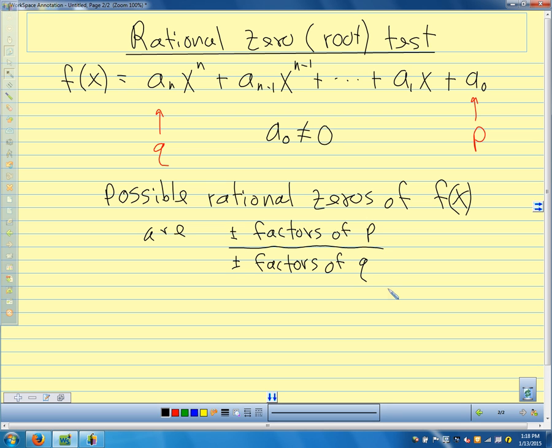So we get a list of numbers. And we can test to see if they're zeros by doing synthetic division, see if our remainder is 0.